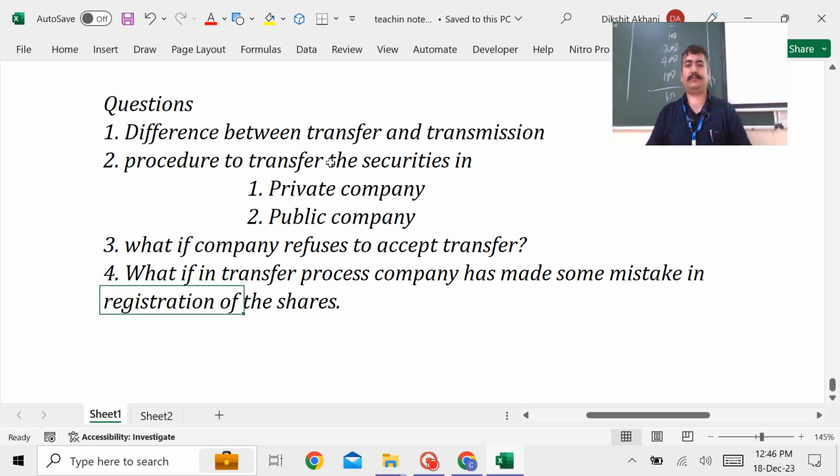So these are the main questions you have to go through. So quickly now, guys, we will see. You see, the basics are the same whether you are a private company or a public company. If it is falsification, now understand, falsification means the transferor and transferee have done this. Transferee has supplied the wrong information, right?